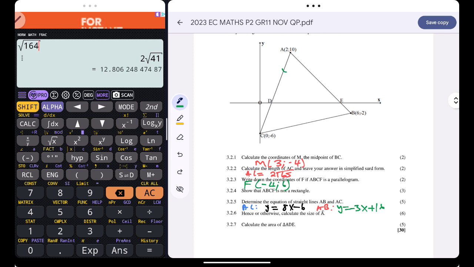So if angle A is equal to theta, the angle of inclination of line AC will be here, and that will be alpha, and the angle of line AB will be here, and that will be beta. So I know that beta is an exterior angle, which is equal to theta plus alpha. But in my question, they wanted me to find theta, so theta will just be beta minus alpha. You can just see I'm just subtracting two inclinations altogether.